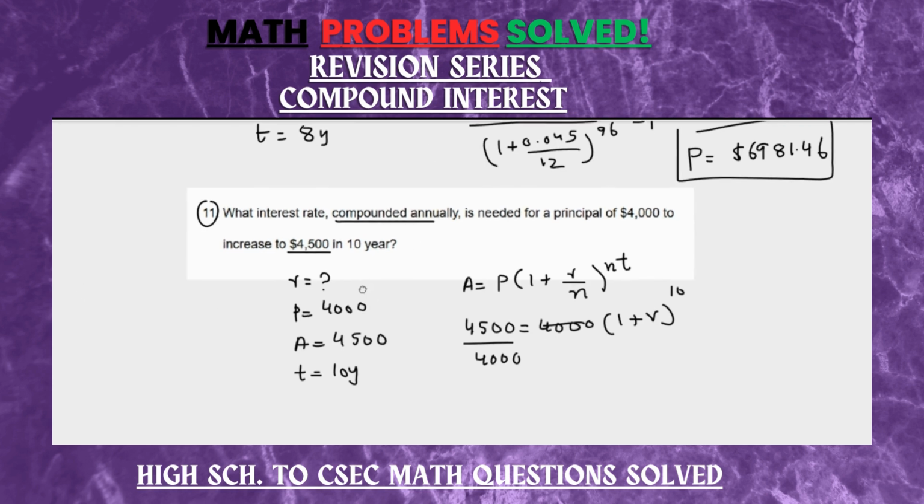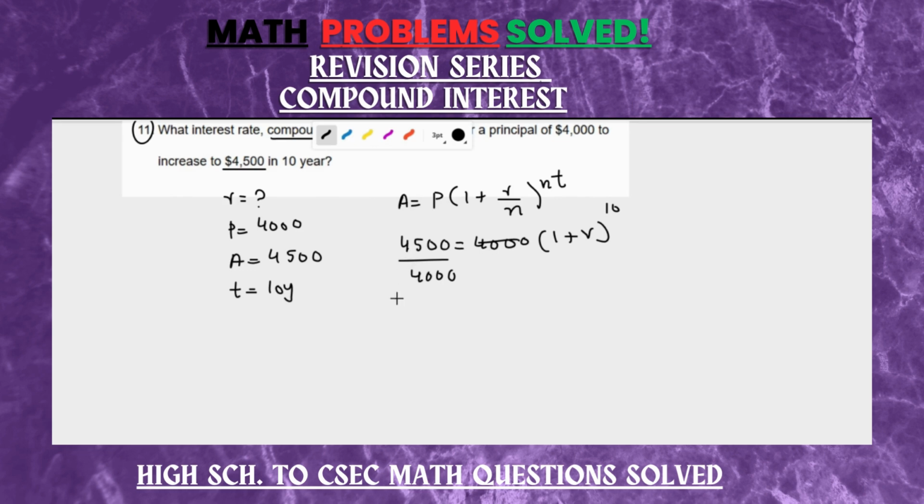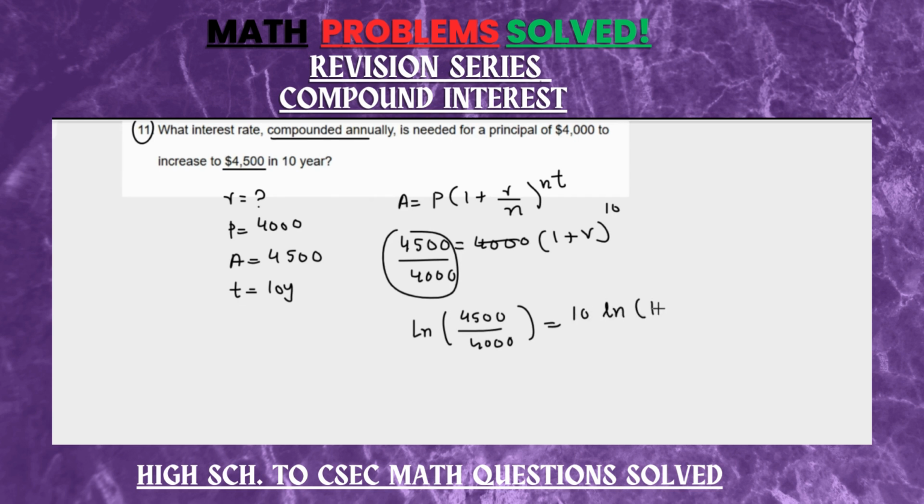Then, after dividing these two, you have to take the logarithm, like the natural log. This is the second way to calculate the rate r. It will be 10 times the natural logarithm of 1 plus r. So first of all, you will take the natural logarithm of this thing.